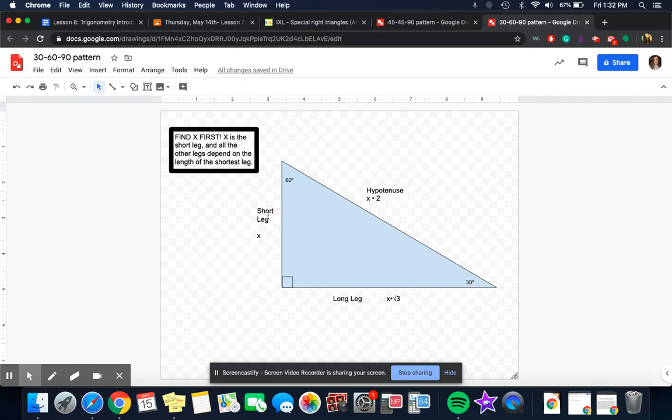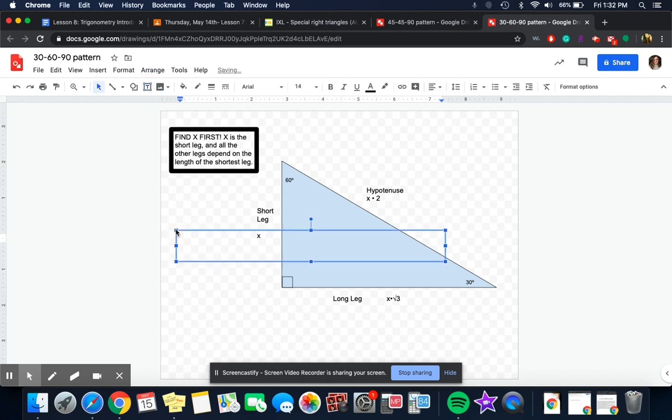The short leg times square root of 3 is the long leg, whereas the long leg divided by square root of 3 will give me the short one. Another note that I just want to make briefly is that you cannot go directly between the hypotenuse and the long leg. You need to find the length of the short leg in between these steps.